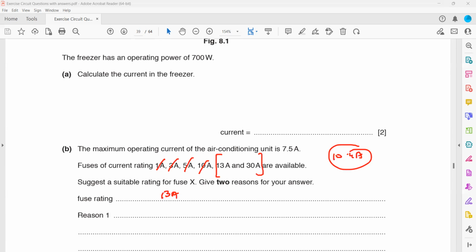So reason: why do we select this one? If it is too low, it will break or blow, it will melt. And if it is too high, it will be dangerous. So why do we specifically select 13, why not less than 13?